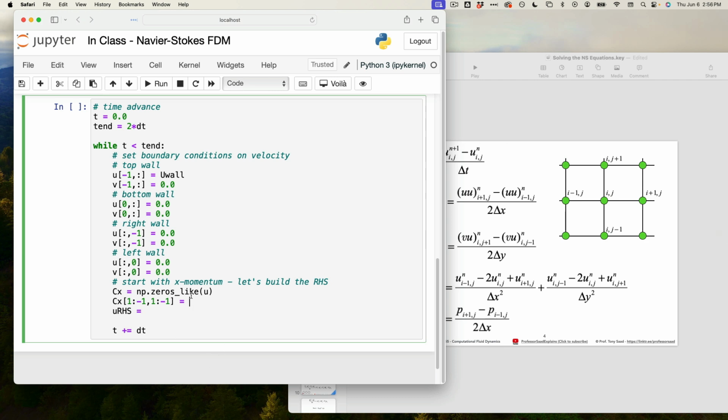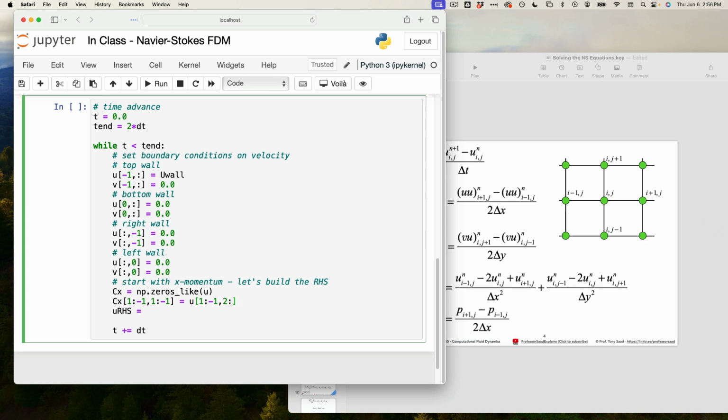Let's do it the hard way first. I'm going to multiply them together. So this is going to be u times u. So it will be u at I plus 1 times u at I plus 1. So what is u at I plus 1? This is convection in x, taking all y, u at I plus 1.